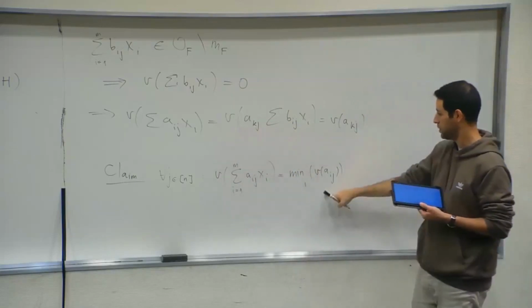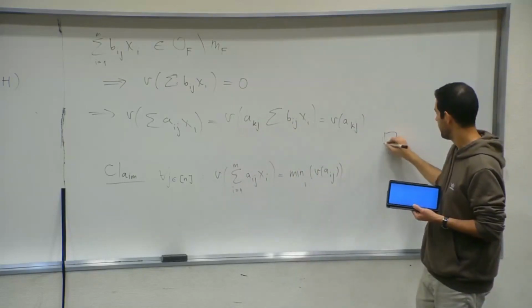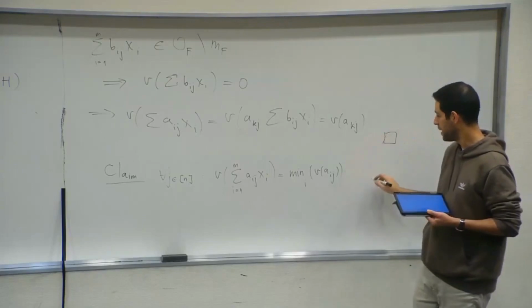So it's just V of akj, which is what we wanted to show. So this proves the claim.